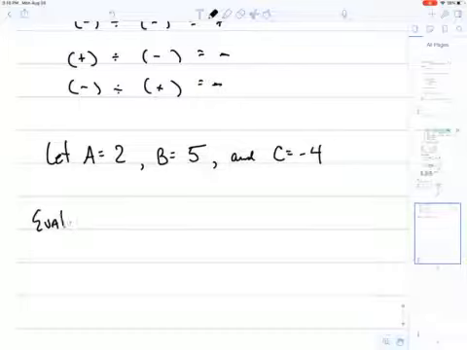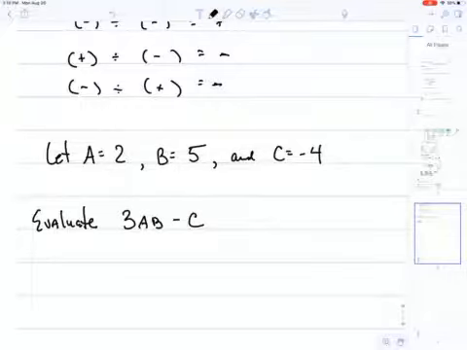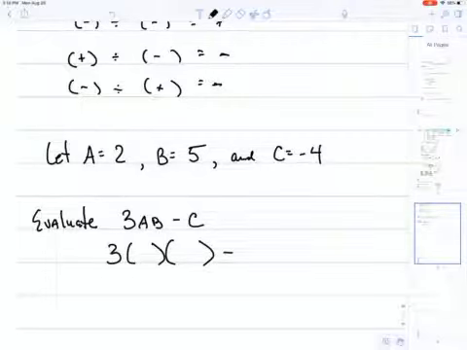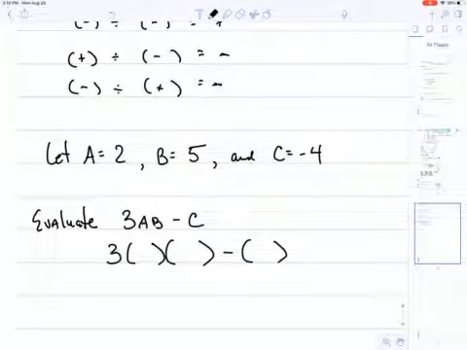If I ask you to evaluate, let's say, 3AB minus C, using those numbers above, I'm literally going to take out the A, which is written right next to the 3, and the B, which is written next to the A, and the C, which is written after the minus sign.